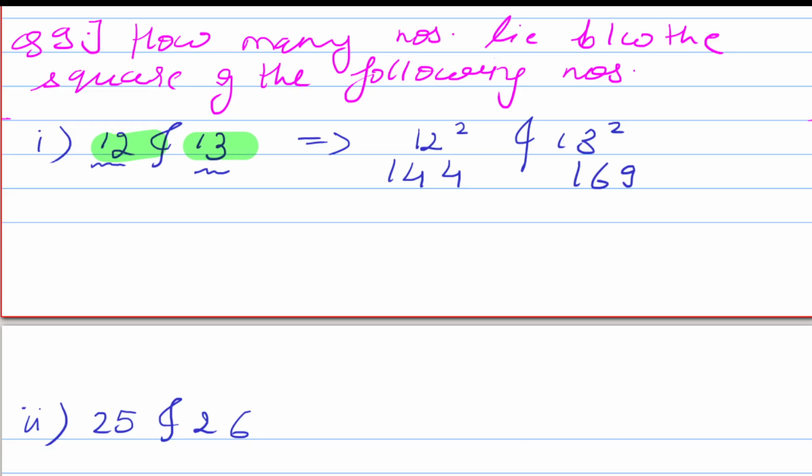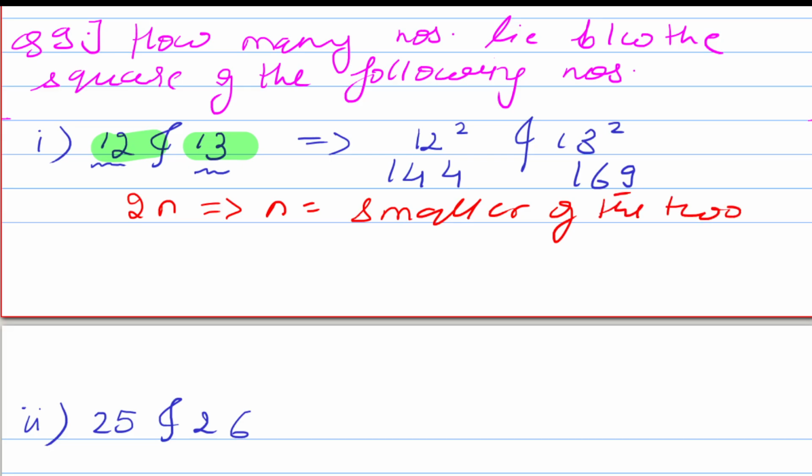Okay, so we have a very simple formula. Simply you write 2n, where n is the smaller of the two numbers. Which two numbers do we have? 12 and 13. So therefore, what is our n? n is equal to 12.